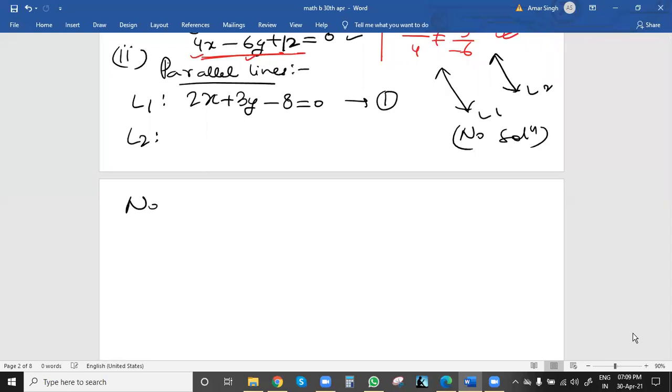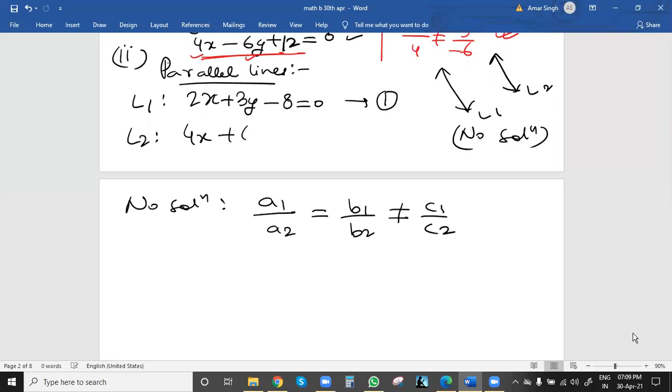So for no solution, we have the criteria A1 by A2 equal to B1 by B2, but not equal to C1 by C2. First, A1 by A2 and B1 by B2 are equal. So let me multiply by 2. So 4x plus 6y, meaning 2 by 4 is 1 by 2, and 3 by 6 is again 1 by 2.